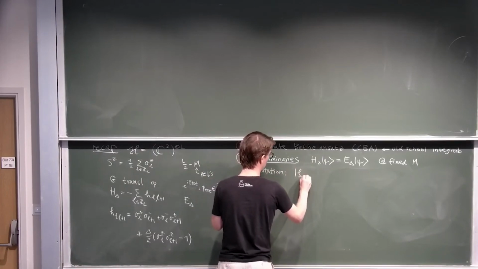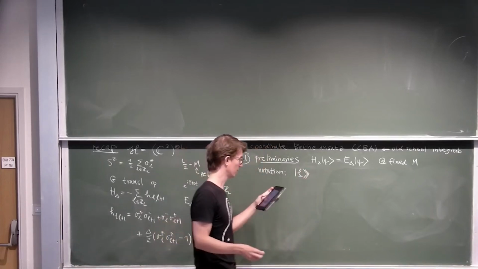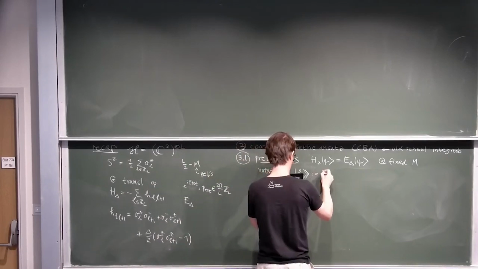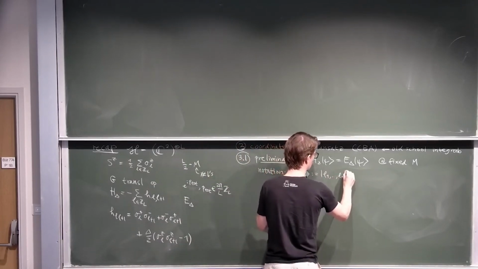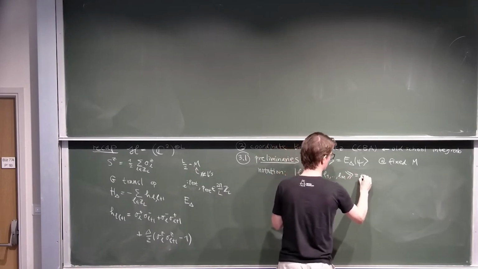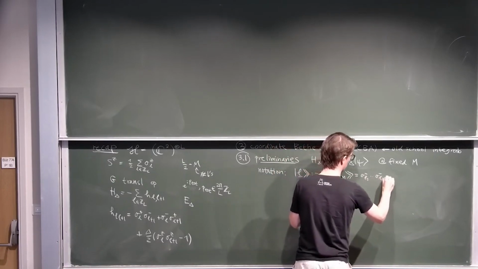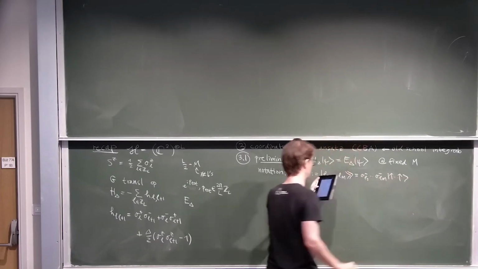I denote by the vector l with a double tilde the following thing. In more detail, this means l1 up to lm, which means spins flipped at sites l1 up to lm, the vector with down spins at those sites.